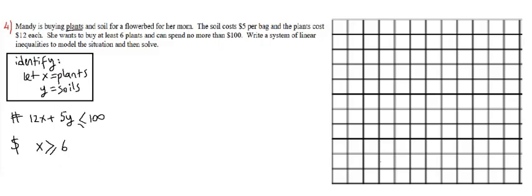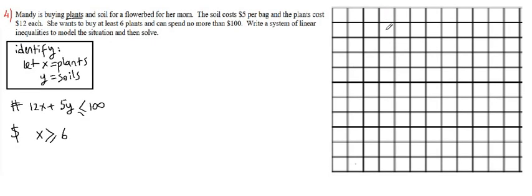Let's label and then scale. Our x-axis is plants and our y-axis is soil. x is greater than or equal to 6. Let's solve for y and then decide the scaling.